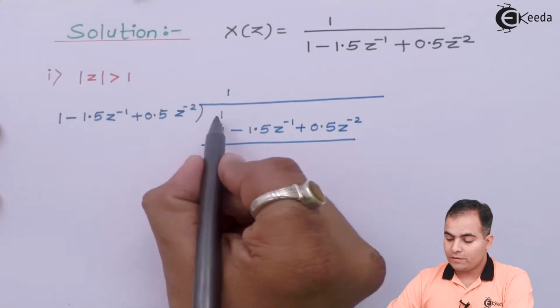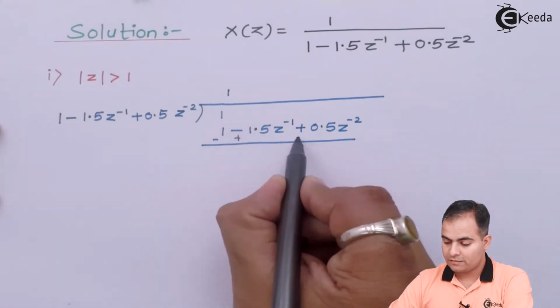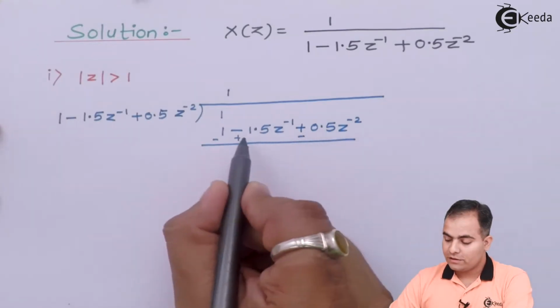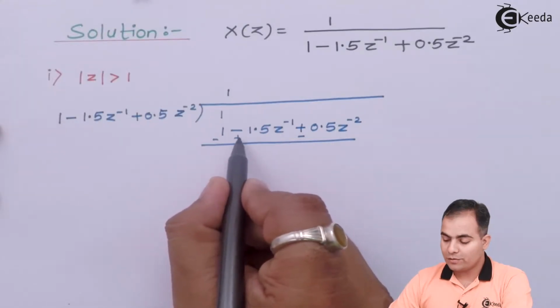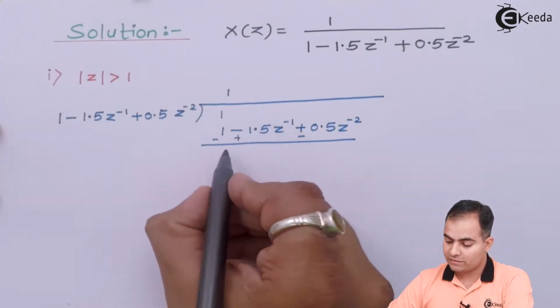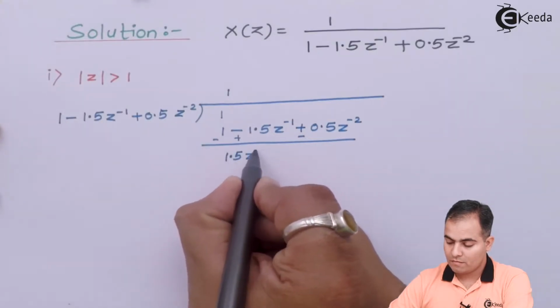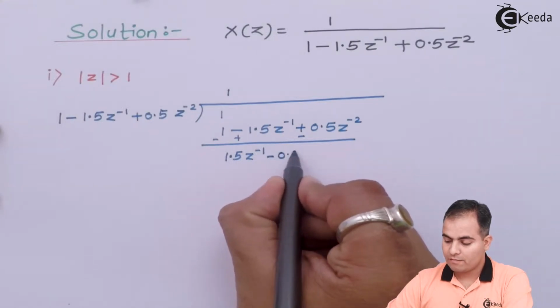Now when we want to cancel this 1, then change this sign. So automatically next number sign will also get changed. So this 1 minus 1 will become 0, and this sign will be changed, so you will get plus 1.5 z inverse and minus 0.5 z to the power minus 2.